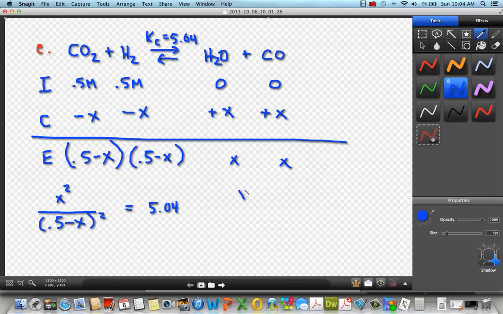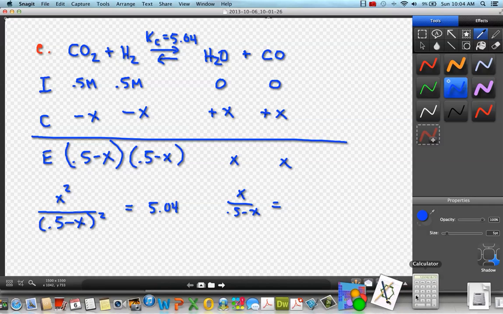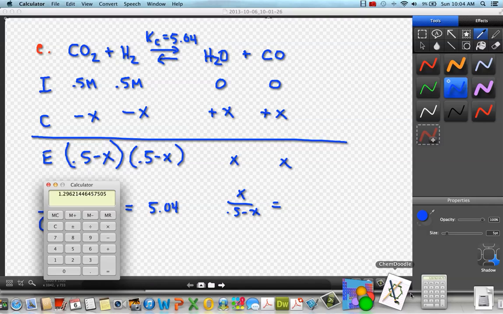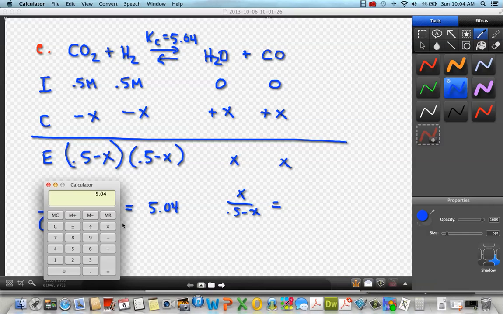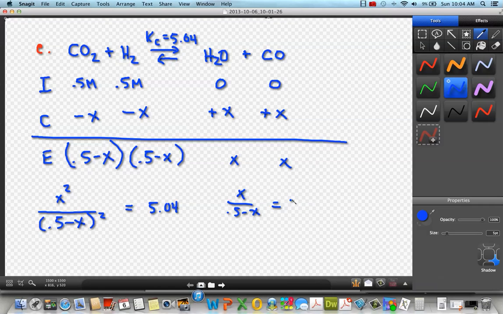That's going to give me x over 0.5 minus x is equal to about 2.23, but let me just double check that. Actually, I'm going to go ahead and do 2.23. And I'm going to let you guys solve the rest of this problem. All you need to do is cross multiply and solve for x.